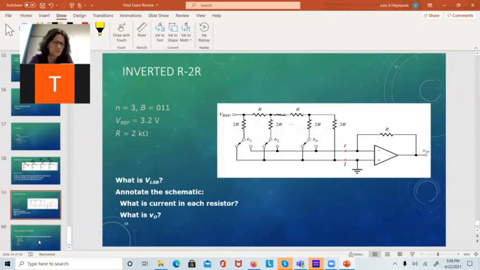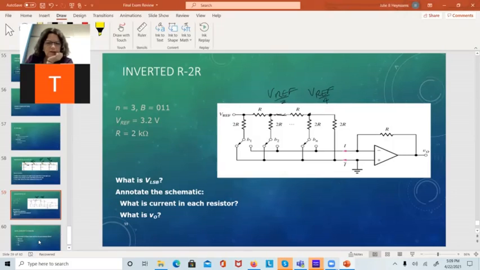You could go through and do the analysis, or you can just remember that for this R2R network, I've always got 2R looking into there. So when I go to this next node here, this is going to be Vref over 2, just from that previous analysis. I don't have to think about it. I can just write down these node voltages. Vref over 4.